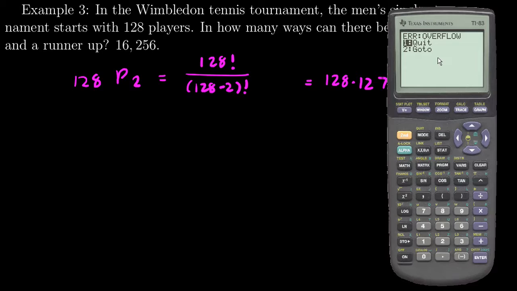The calculator can only hold so many significant figures. When those get extremely large or extremely small, it will switch over to scientific notation. It's a floating point type variable. So it'll keep track of significant figures and then powers of 10.